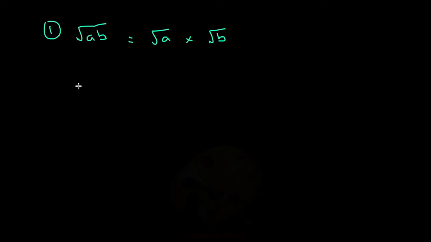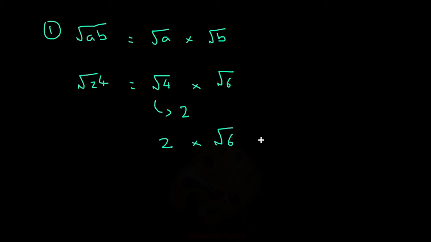So as an example, if I had root 24, 24 is the same as 6 times 4, for example, I can simplify this down to root 4 times root 6, right? And now this is where the simplifying part comes in. Root 4 is 2, right? So I can rewrite this whole thing as 2 times root 6. And so our final answer to simplify root 24 is going to be 2 root 6.